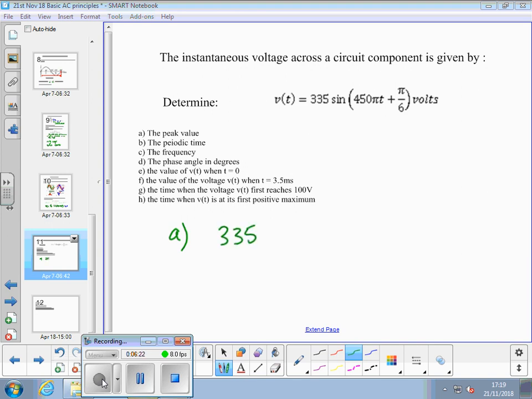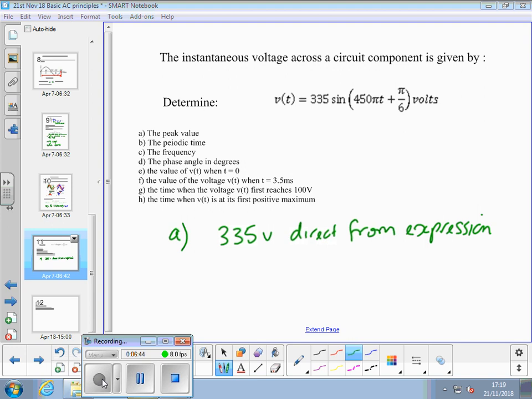That's not a peak-to-peak value, that is the peak value. So 355 volts, direct from the equation, or expression, I should say. So that requires you to have that knowledge.